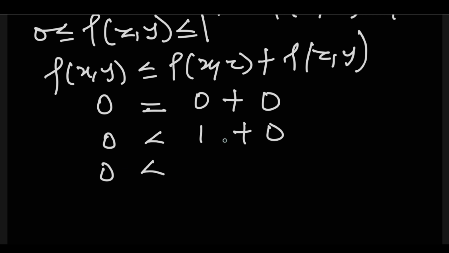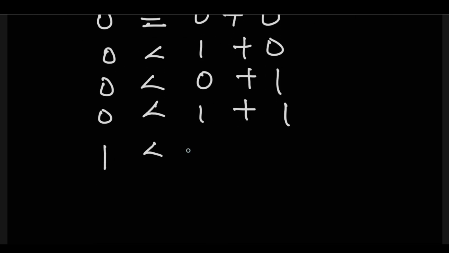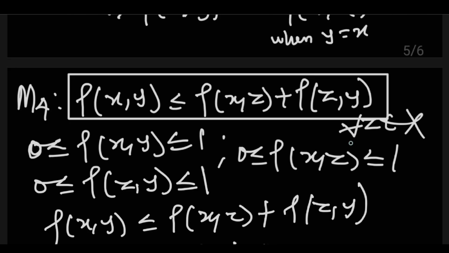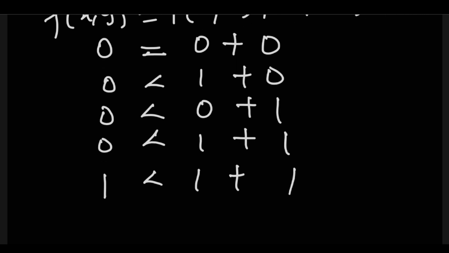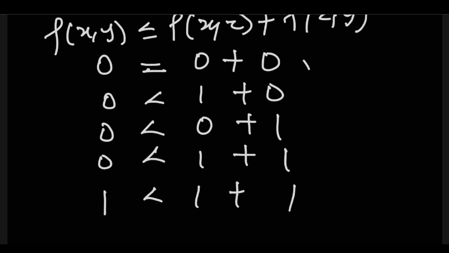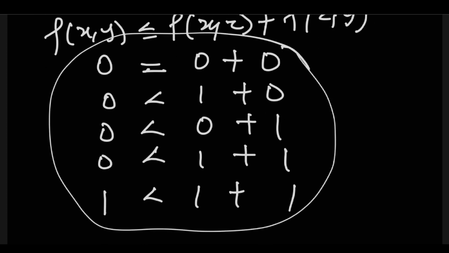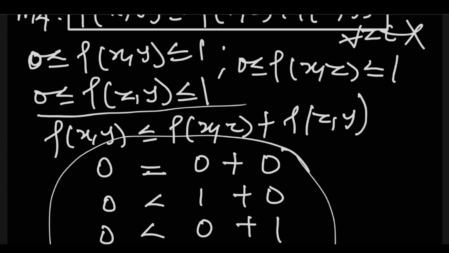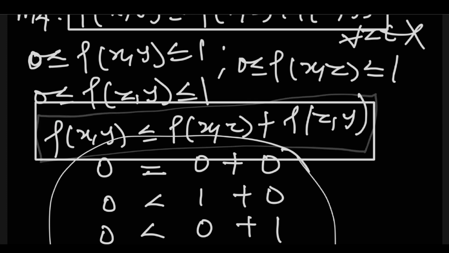Also this can be 0 plus 1, and then this can be 1 plus 1, so it satisfies the triangle inequality. Remember the conditions: rho xy can be 0 when x is equal to y, rho xz can be 0 when x is equal to z, and rho zy can be 0 when z is equal to y. Remember those conditions before you apply these. But with everything, when you apply them, it will satisfy the triangle inequality.